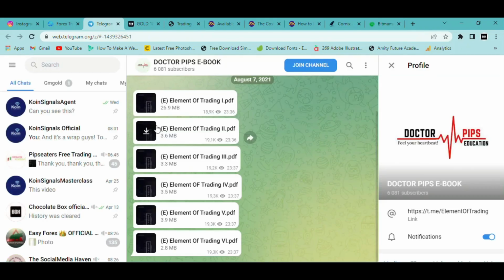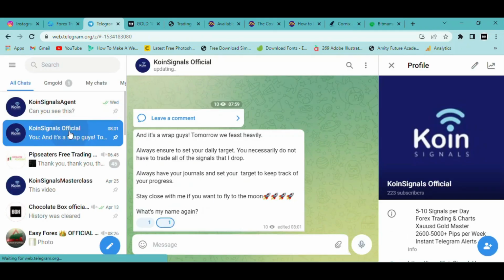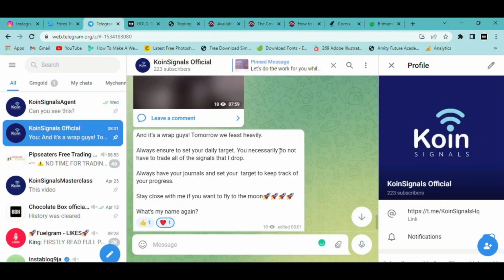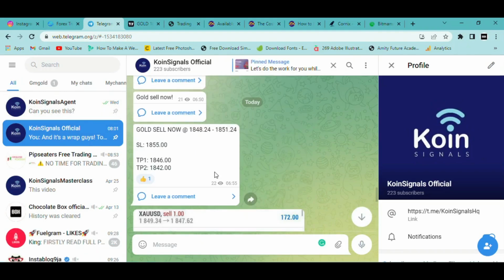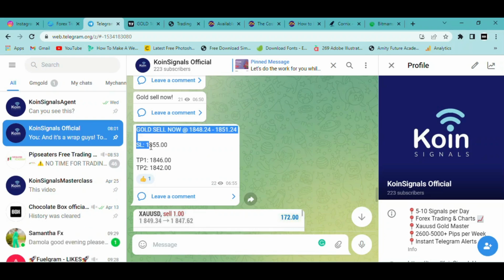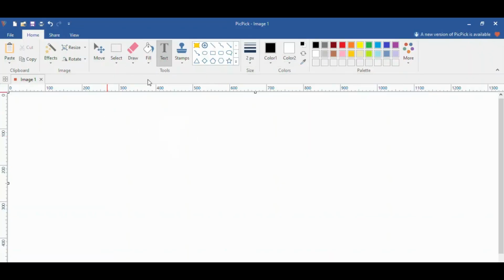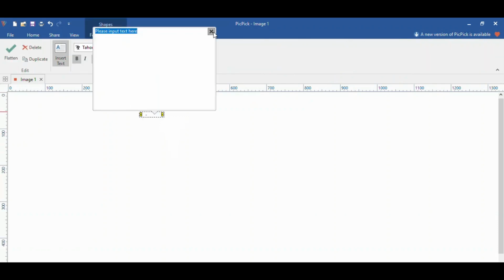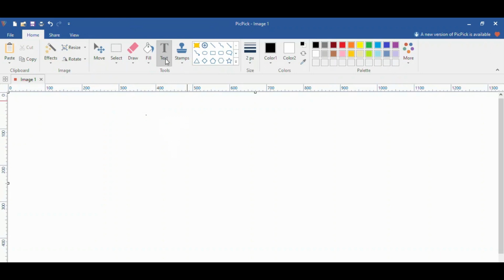Okay, so let me check through my my Telegram group. For example, if you come to our Telegram channel, for example, you can see we always have, this is what signals look like, and let's see, there's always, okay, sorry, let me just type this one out.